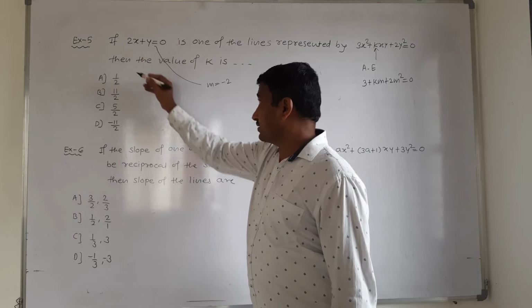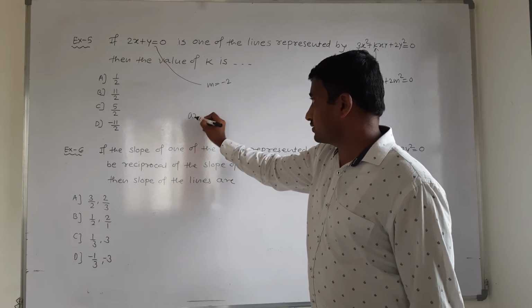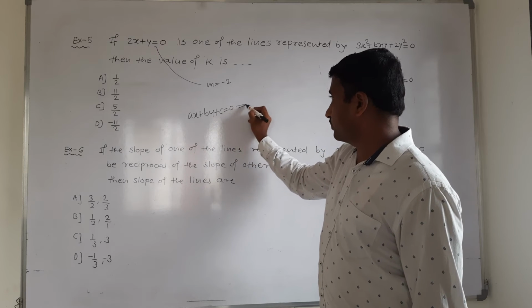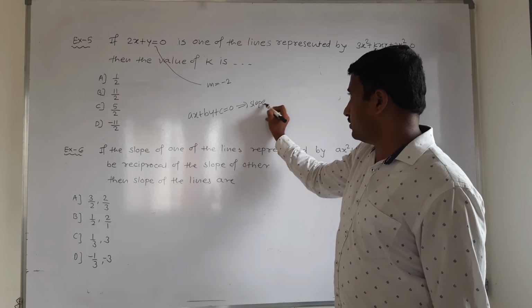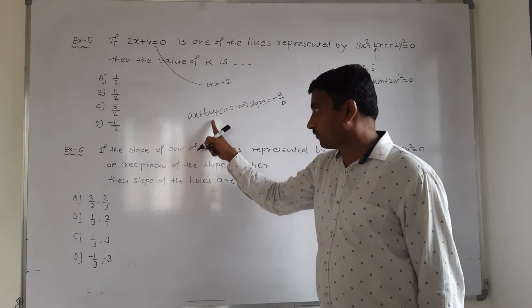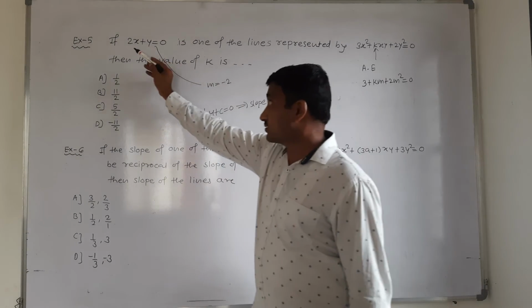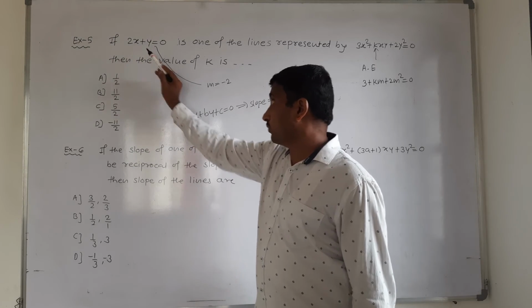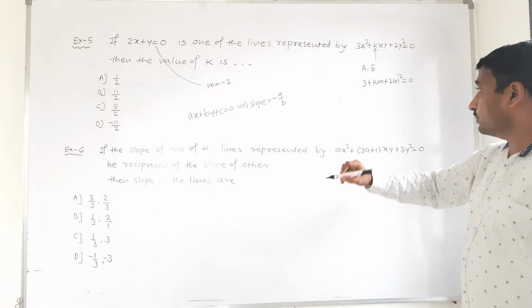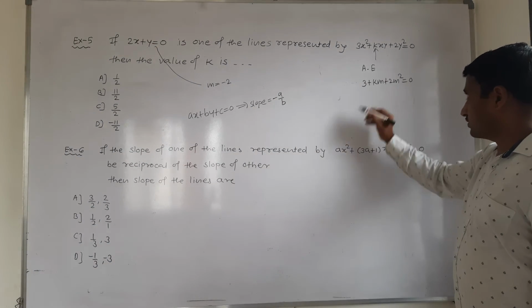For the line ax plus by plus c is equal to 0, the slope is equal to what? Minus coefficient of x upon coefficient of y, minus a by b. Minus coefficient of x, 2, upon coefficient of y, therefore minus 2 is the slope, therefore minus 2 is the root of this auxiliary equation.